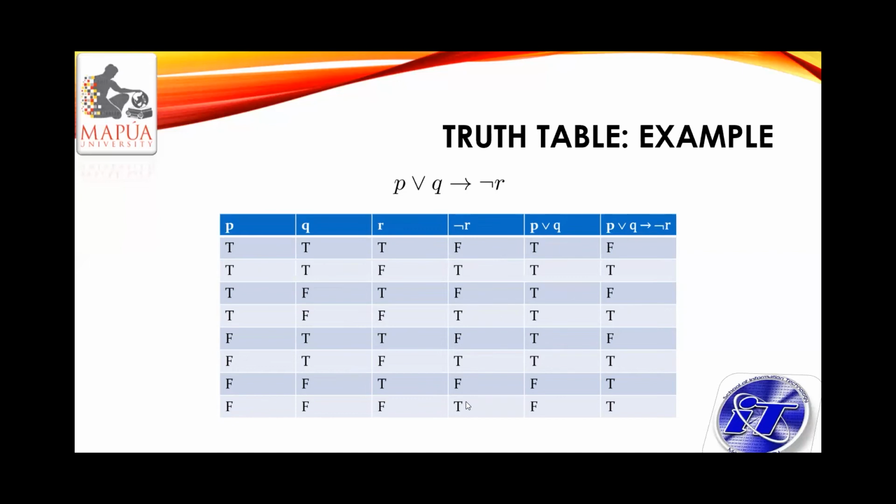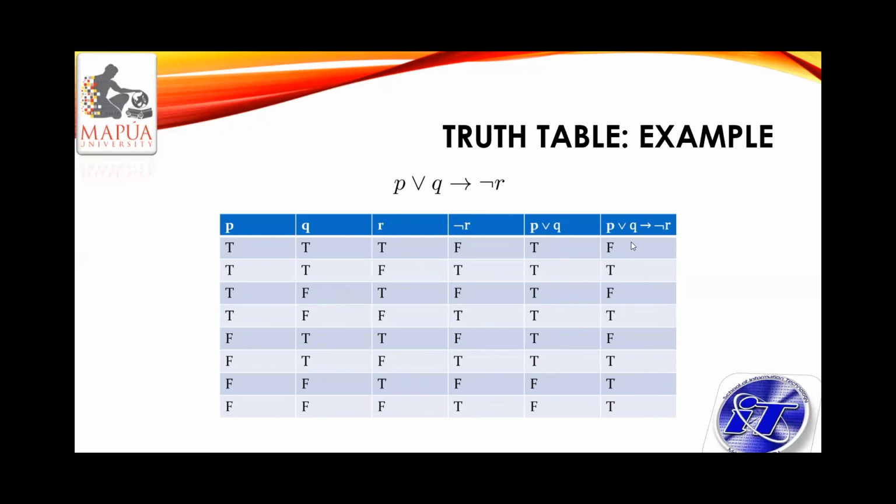This will be your consequence later for your implication. And then P or Q. This will be the premise of the implication. And last, the evaluation of the whole statement: P or Q as your premise implies R's consequence, which is not R.